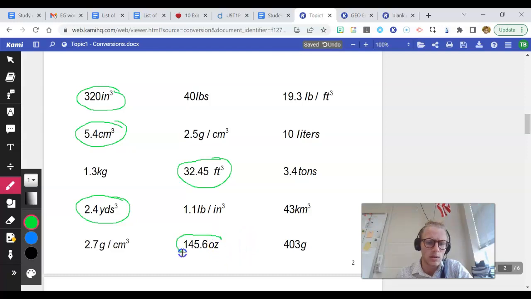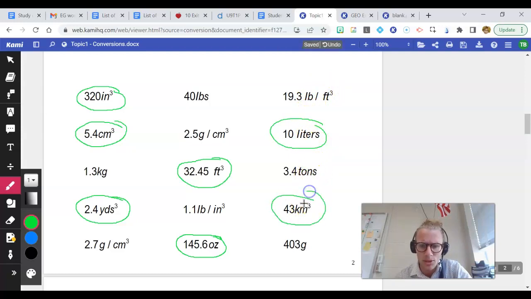Yeah, well, there's fluid ounces and weight ounces. That one might be both. They should be more specific. Okay. Liters is volume. And kilometers cubed is volume. And that looks like it for volume.